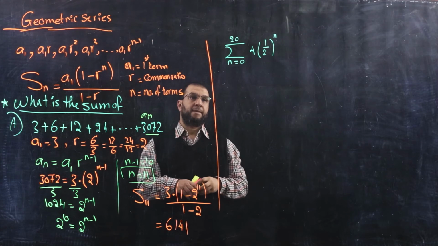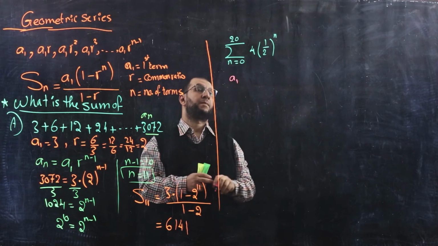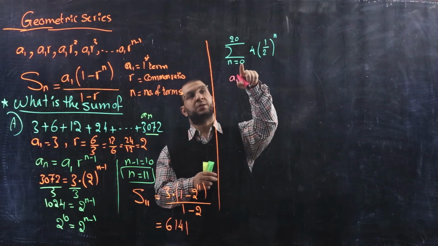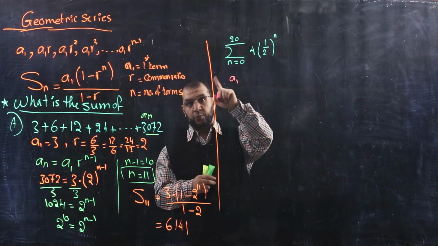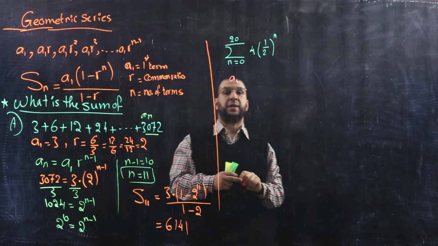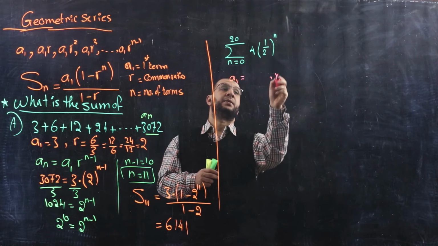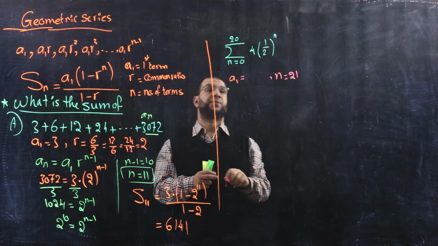Okay, I need a sub 1. So I will start substituting from 0, not from 1. So I will add 1 to the upper limit. So n is equal to 21.